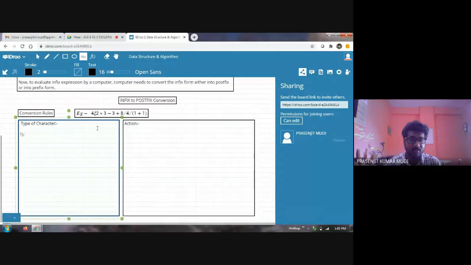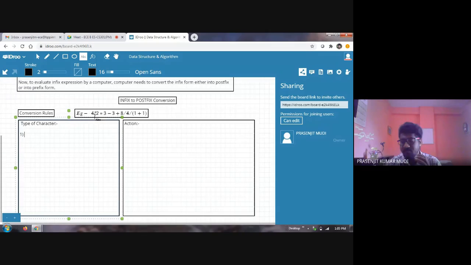The question is where? The answer is stack. First 4 is scanned, and then 4 is supposed to be stored in the stack. So that is the usage of stack.